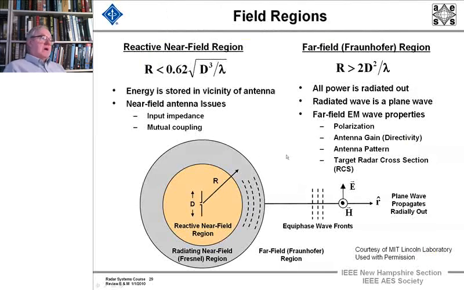Next, I'd like to point out, when you're solving Maxwell's equations and you want to know what the electromagnetic field is for distances where the distance you're interested in is significantly less than 0.62 times the cube root of the size of the antenna over the wavelength, that would be the reactive near zone.